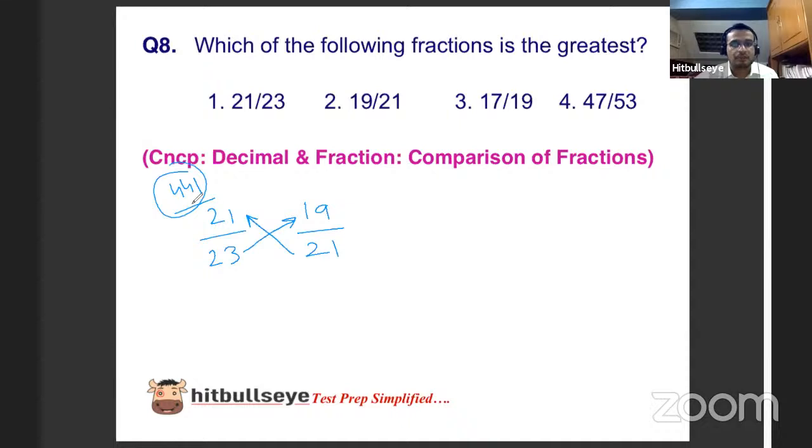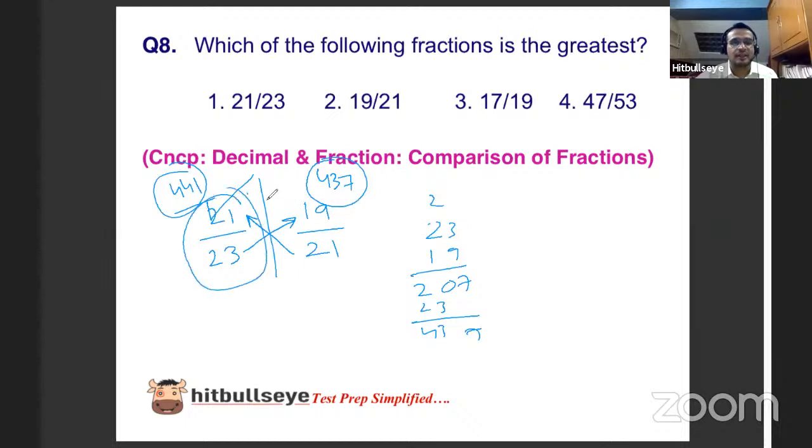I'll write down the number on top of it. 23 into 19, let's do it quickly: 437, which is a lower number than 441. Whatever number is higher is my higher fraction. The value of that fraction is bigger than the other one, which means this is greater than 19 by 21.